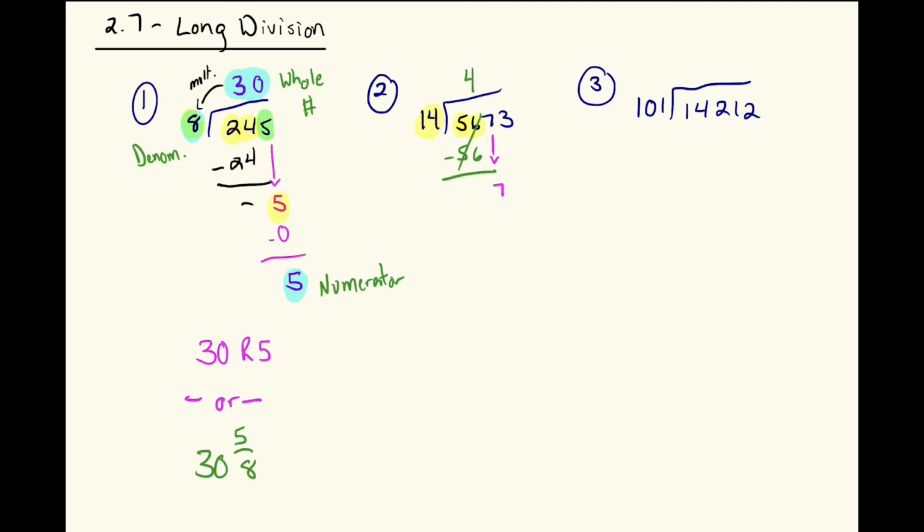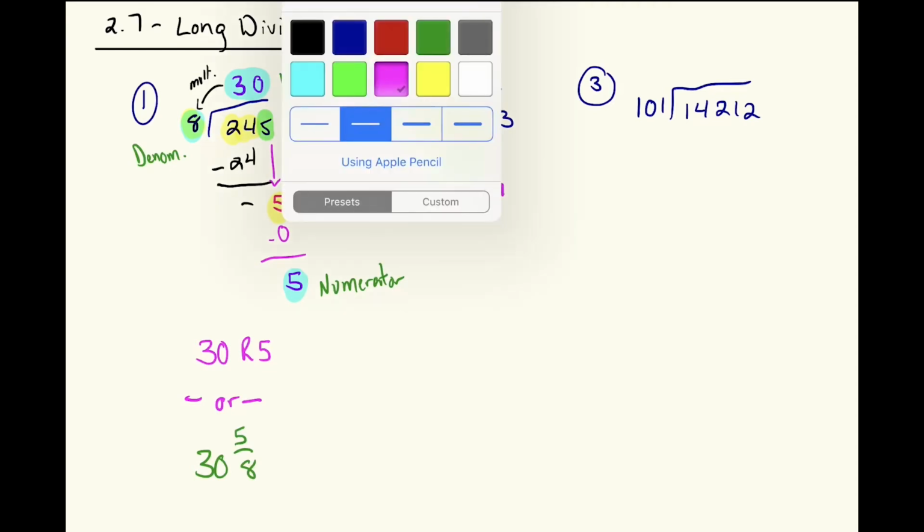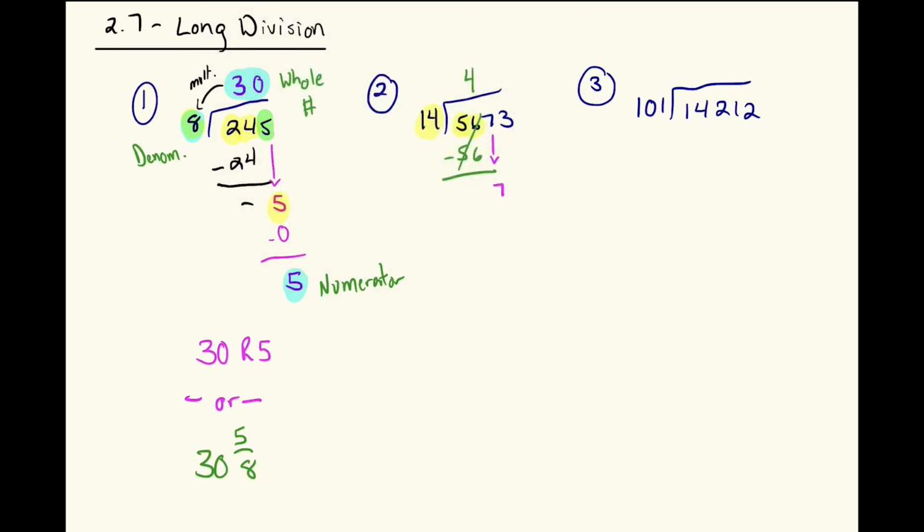All right, so now all we have to do is drop down the 7. Can 14 go into 7? No, it can't. So we have to take care of that. I'm going to write this in green still. 14 cannot go into 7 anyways. So 0 times 14 is 0. We subtract that off to get the 7.